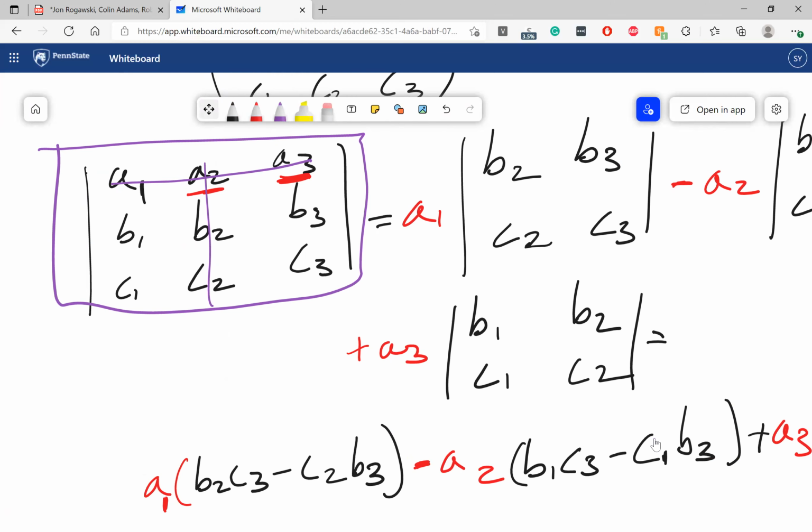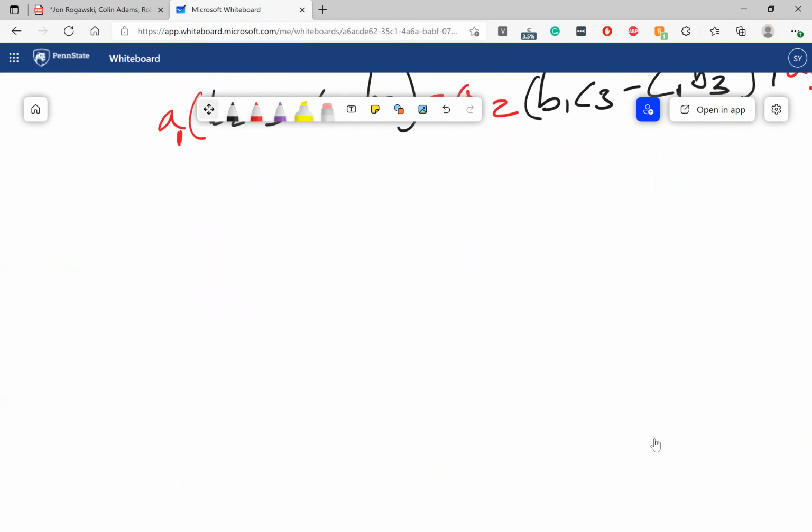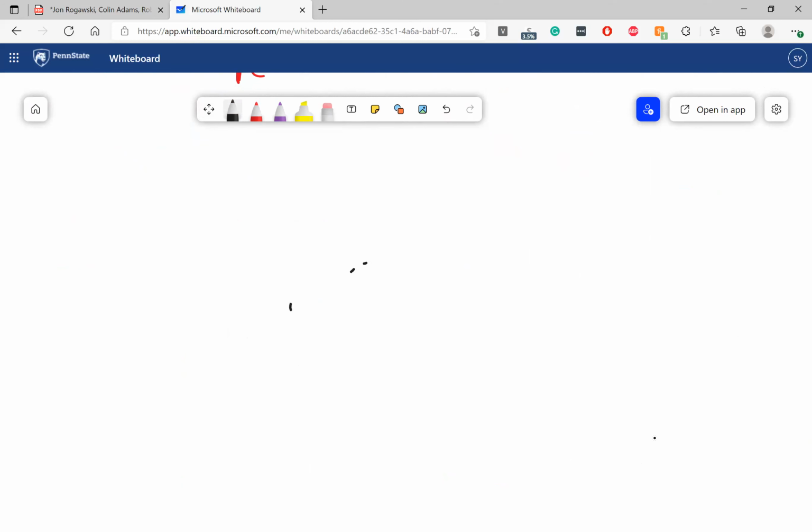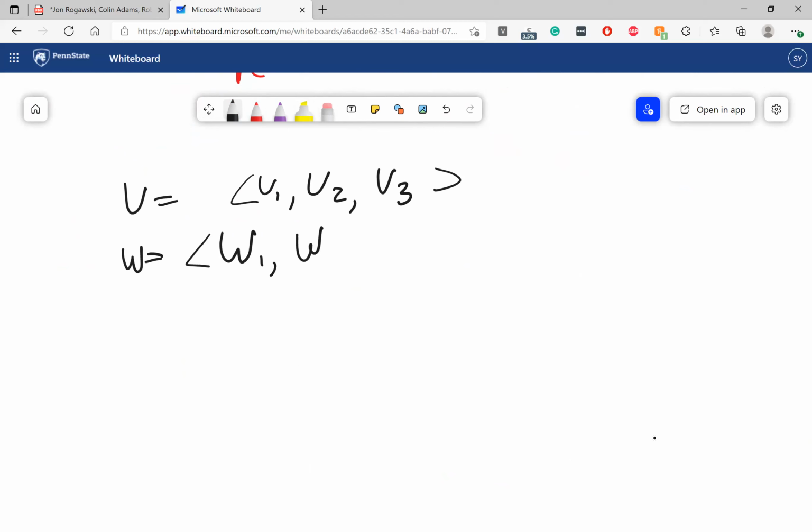Okay, so in a similar way, we can take the cross product of vectors. So if you have the vector V, which is equal to V1, V2, and V3, and you have the vector W, which is equal to W1, W2, W3.